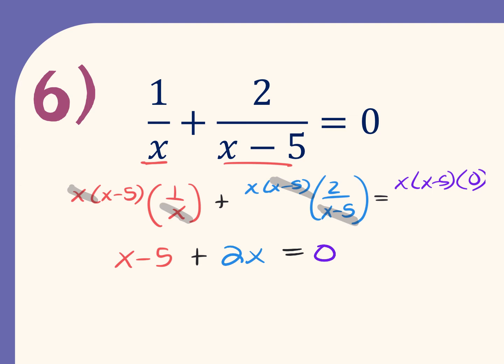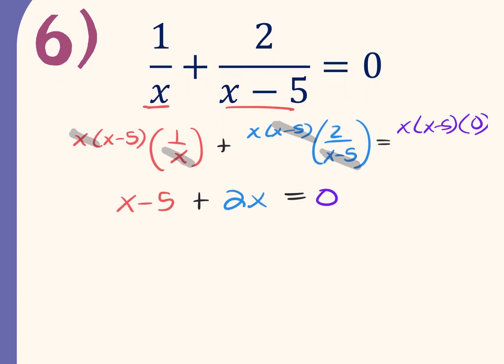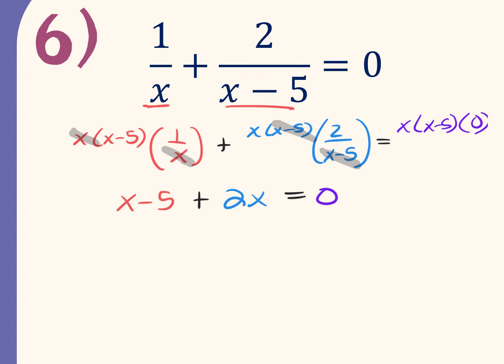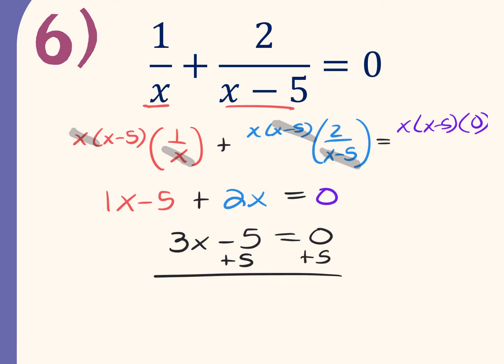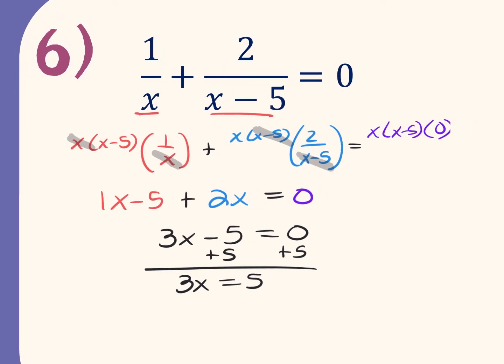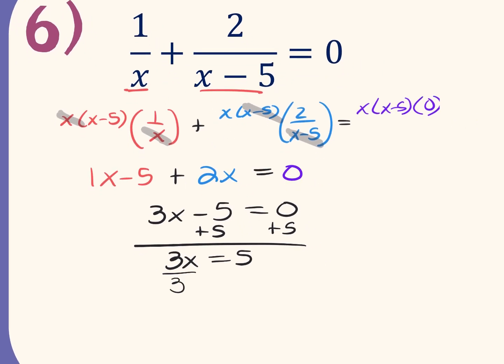And now I need to combine my like terms. So I have a 1x here plus 2x, and this is going to give me 3x minus 5 equals 0. I need to get x by itself, so I'm going to add 5. 3x equals 5. Divide by 3, and x equals 5/3.